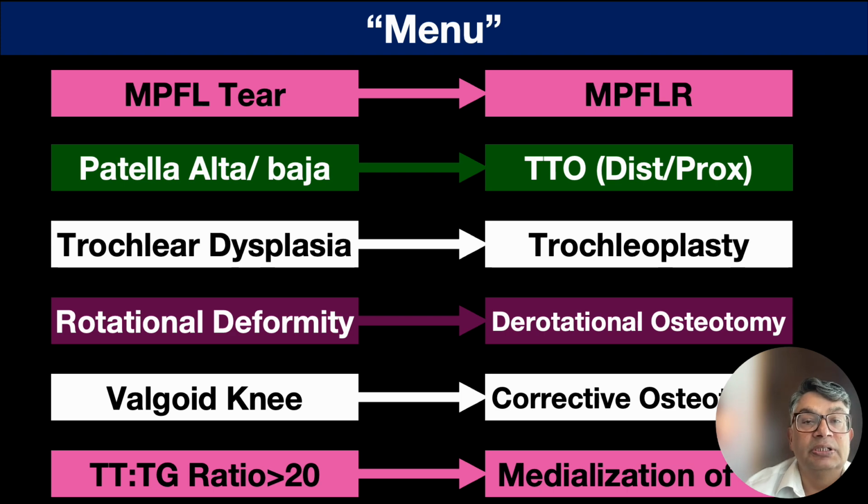If there is a trochlear dysplasia, do a trochleoplasty. If there is a rotational deformity, derotational osteotomy is required. If there is a valgus knee, corrective osteotomy is required. If the TTTG distance is altered, which is basically more than 20 mm, then medialization or lateralization of the tibial tubercle is suggested.